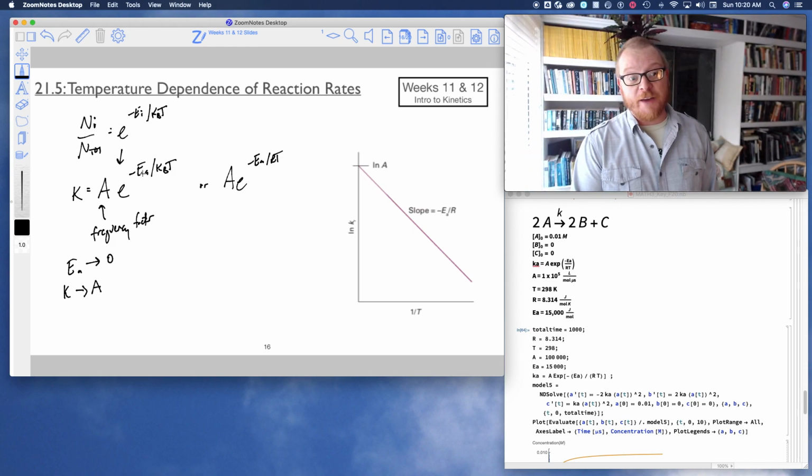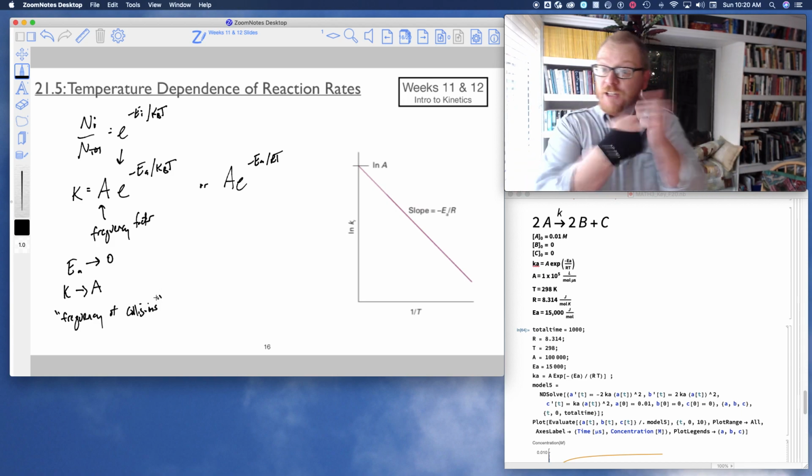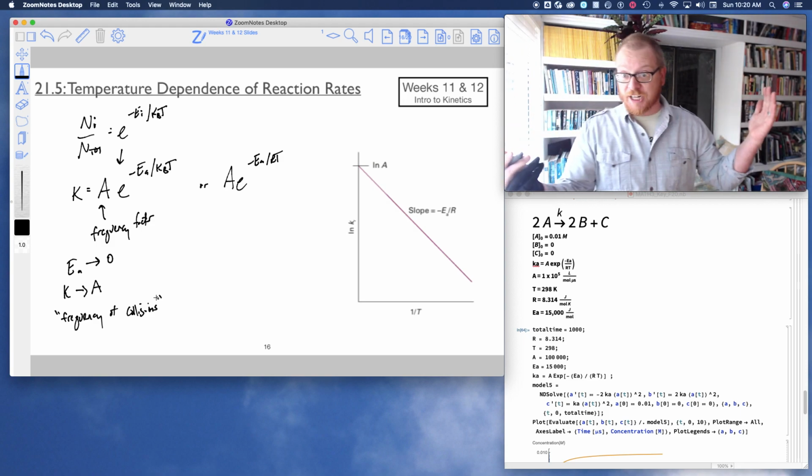So in other words, if there is no activation energy, or if the activation energy is very small, then k equals the frequency of collisions. So in other words, every molecular collision leads to a reaction.